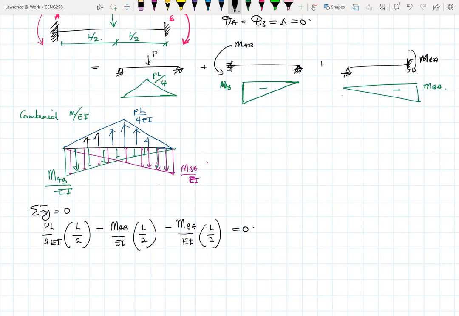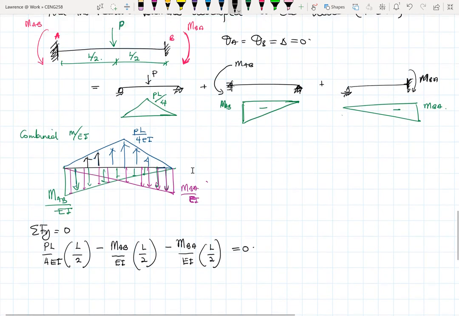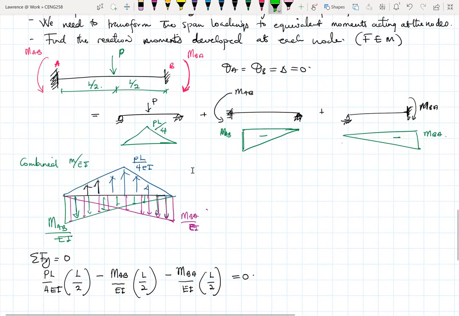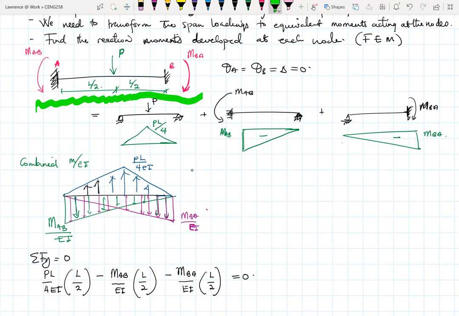So now if you go back to the structure over here, if you look at the beam right here, this is a symmetrical beam. The load is in the middle. The support conditions are the same. So it simply means that the end moment MAB and the end moment MBA will be the same. All right.